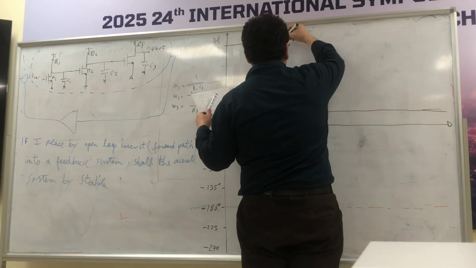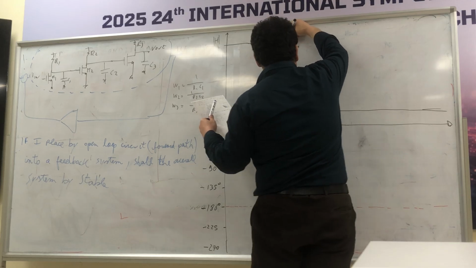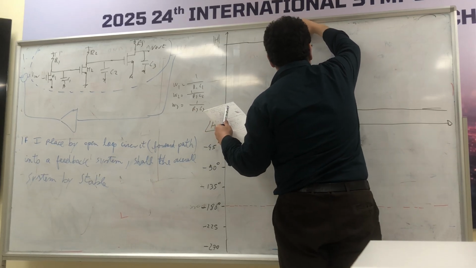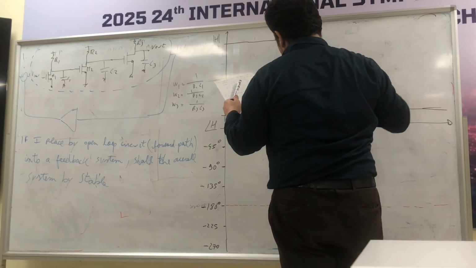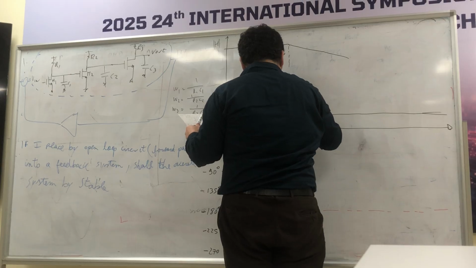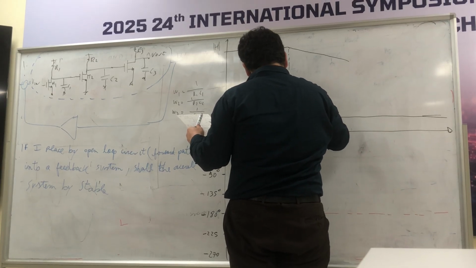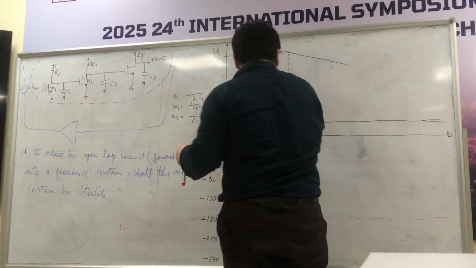First of all, let's say here. Okay. Omega, I call it omega d, okay? Without specifying which is the smallest. Omega d.